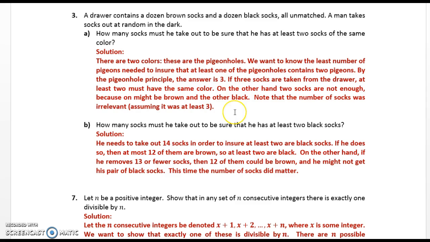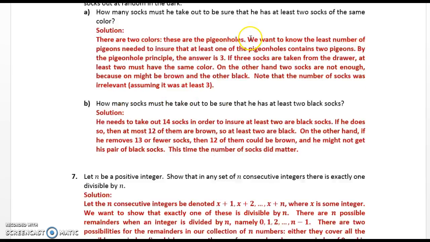We want to know the least number of pigeons needed to ensure that at least one of the pigeonholes contains 2 pigeons. By the pigeonhole principle, the answer is 3. If 3 socks are taken from the drawer, at least 2 of them must be the same color. On the other hand, 2 socks are not enough because one might be brown and the other black. Note that the number of socks was irrelevant, assuming it was at least 3.